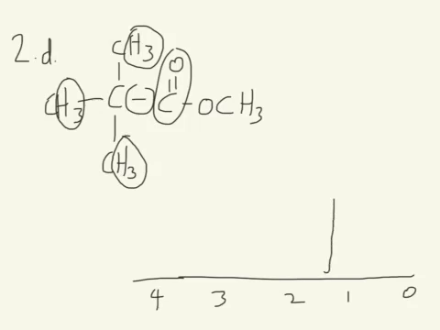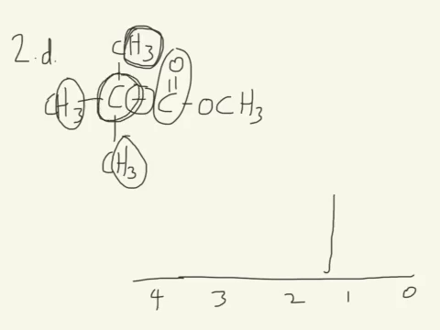So the question is, before we can finish drawing the signal, what is the splitting? Well, how many hydrogens are within 3 bonds of any one of these H's up here? The answer is 0, because there's no hydrogens bonded to this carbon.